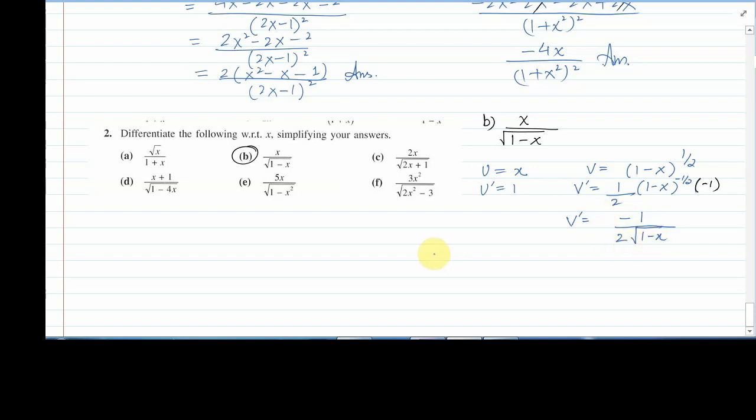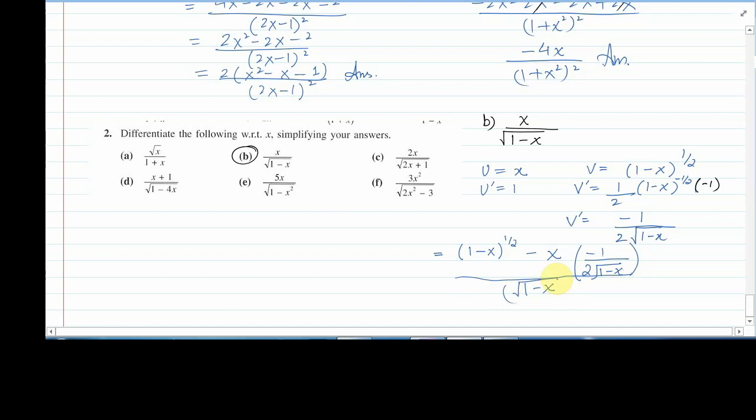We can apply the working formula which says v, (1 minus x) power 1 upon 2, derivative of u, that is equal to 1, so I'm not writing it, minus u, and derivative of v, it's minus 1 divided by 2 under root 1 minus x, and in the division we have v square, which is (1 minus x) under root and whole square.